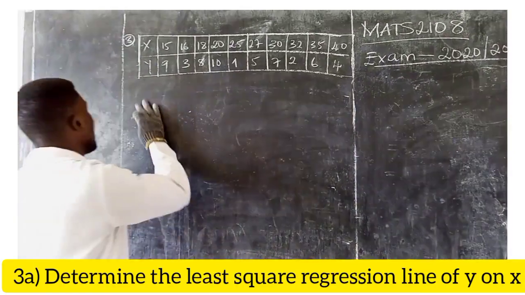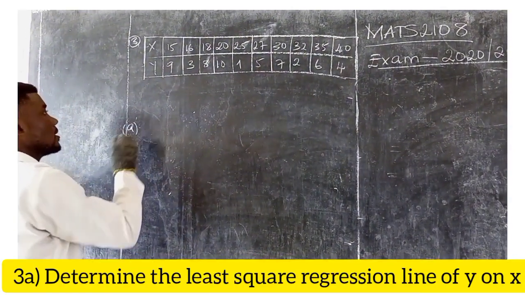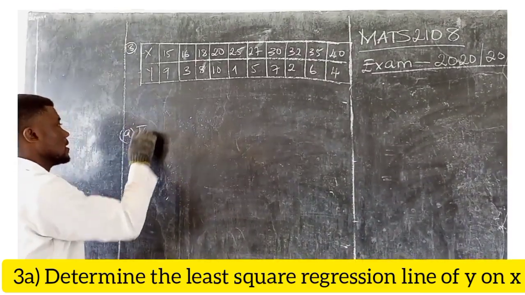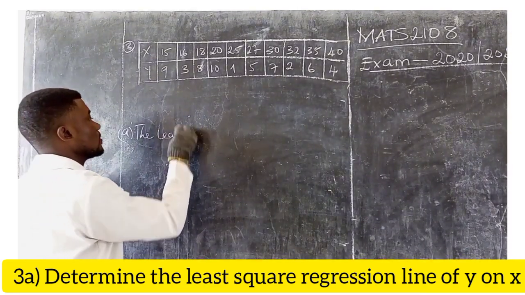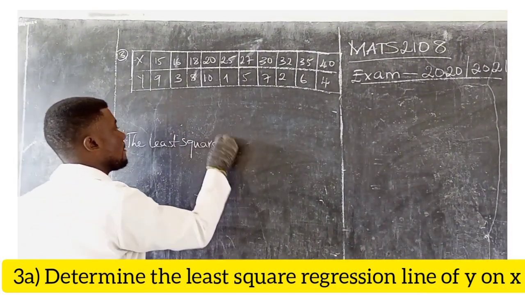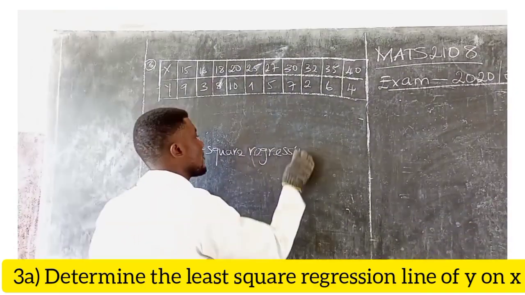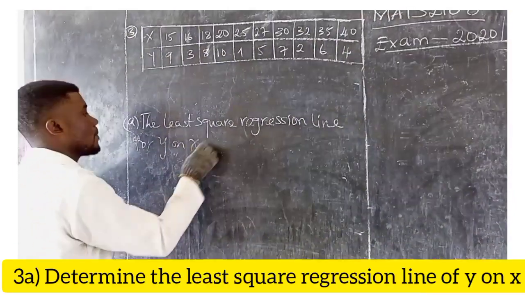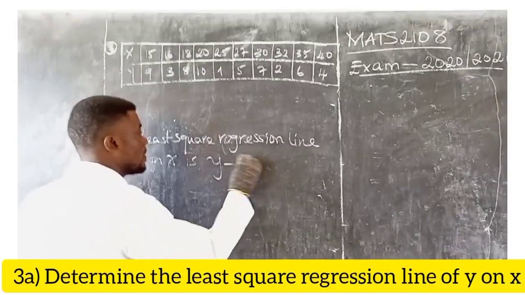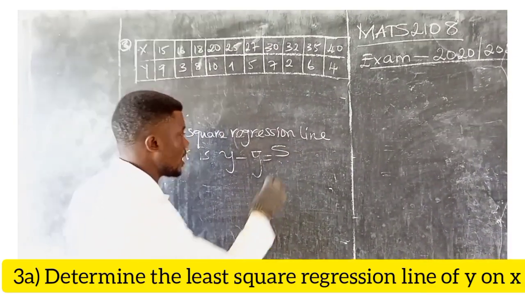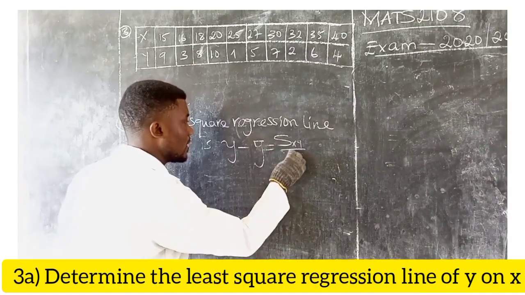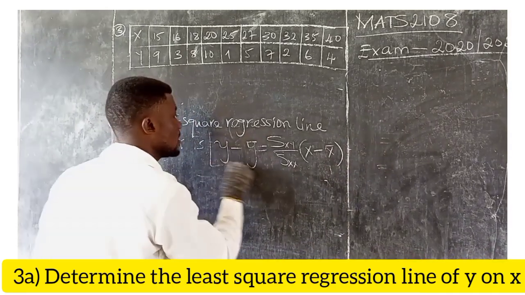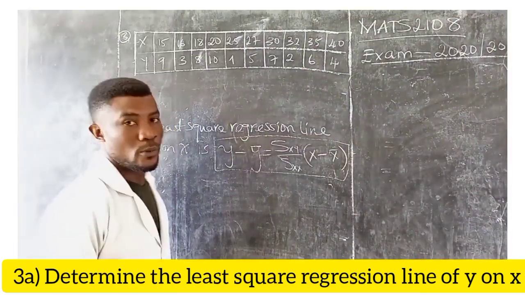And we know that the least square regression line for y on x is y minus y bar equal to the covariance of x and y divided by the variance of x, into x minus x bar. So this is the formula or the equation we are looking for.